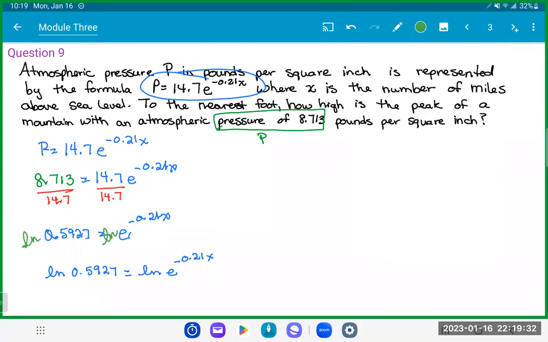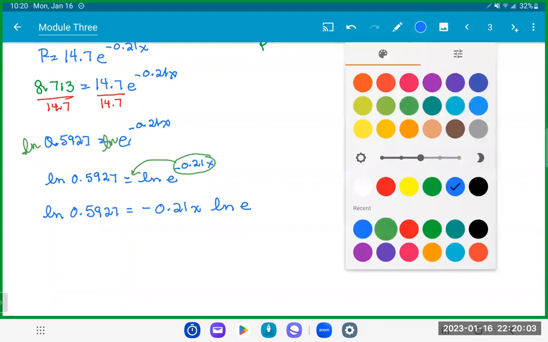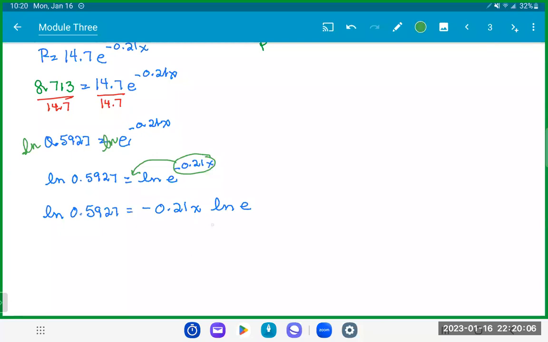Now that we have that ln, we can use the rules we've learned about logarithms and pull that exponent down in front of our logarithm. This gives us ln 0.5927 is equal to negative 0.21x ln of e. If you watched the previous video, we know that the ln of e is really just 1.